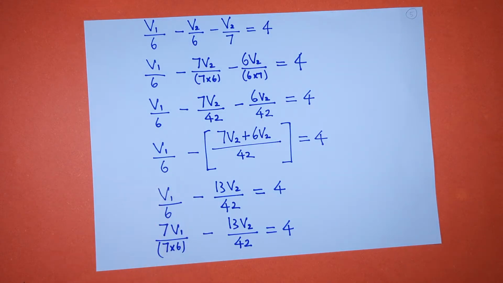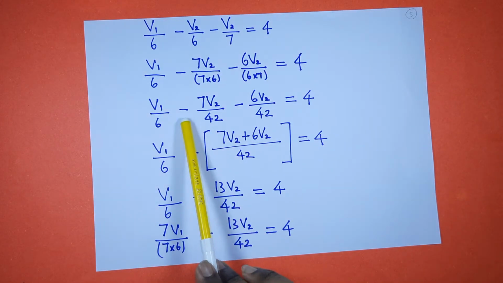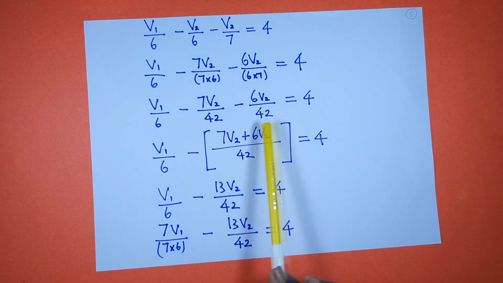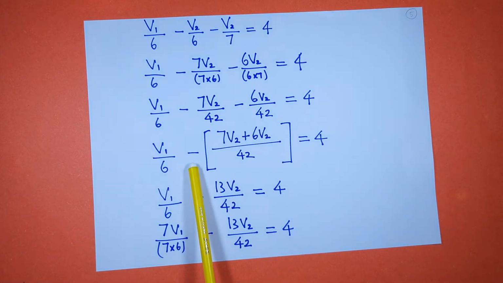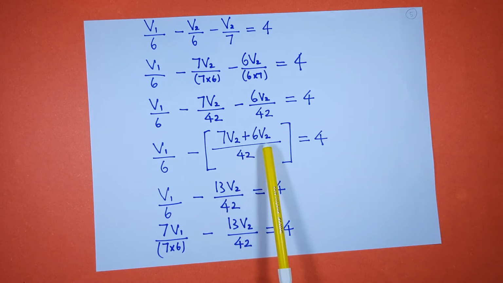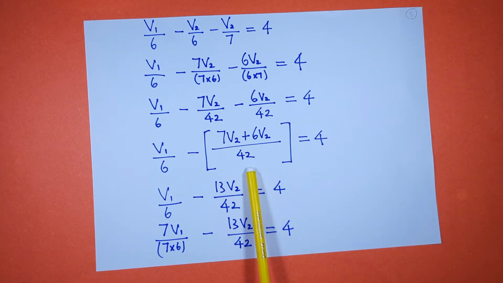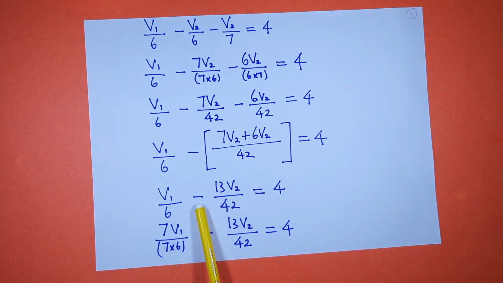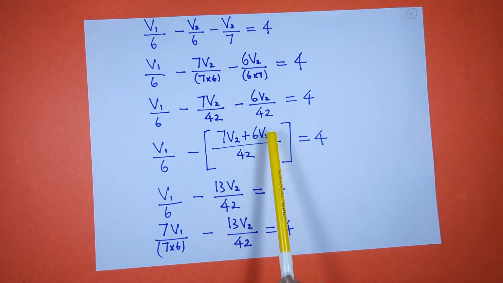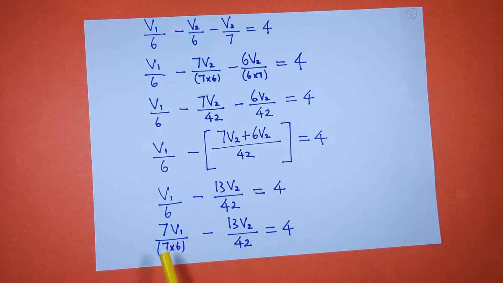V1 by 6. So minus is common in these two terms. You can take outside. So minus within the bracket 7 V2 plus 6 V2 divided by 42 equal to 4. V1 by 6 minus 13 V2 divided by 42 equal to 4.